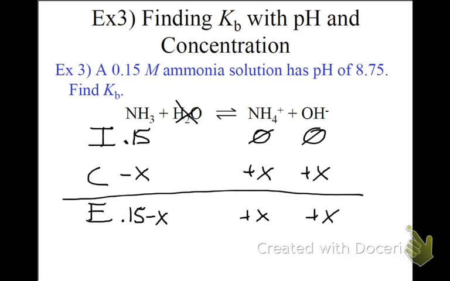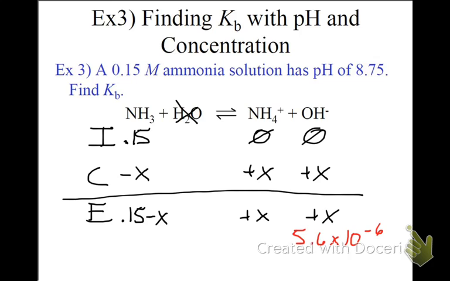But wait a minute, we know what the OH minus concentration is at equilibrium because we just calculated it from the pH. So that OH minus concentration we found was going to be 5.6 times 10 to the negative sixth molar.